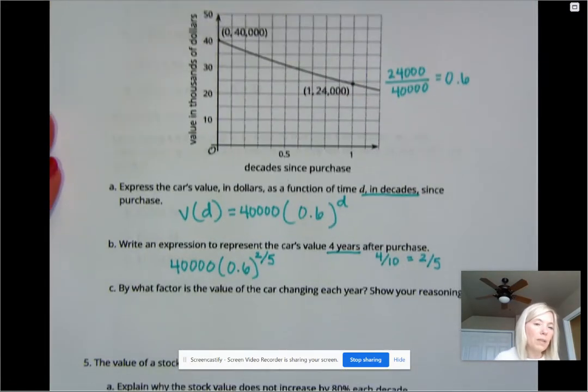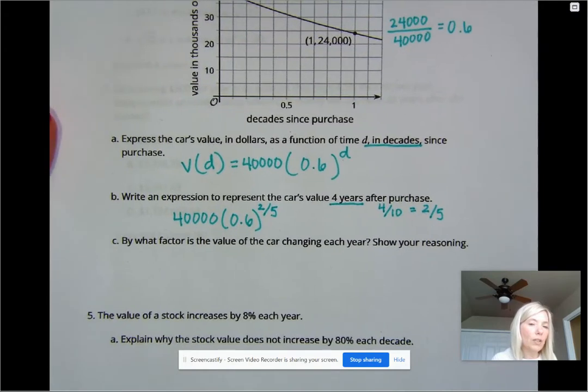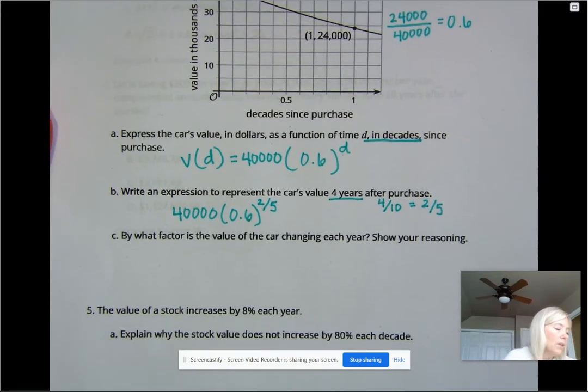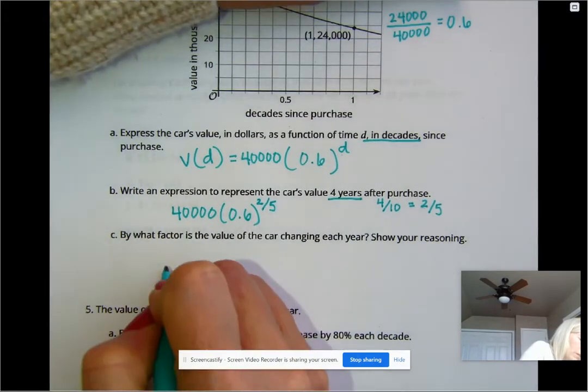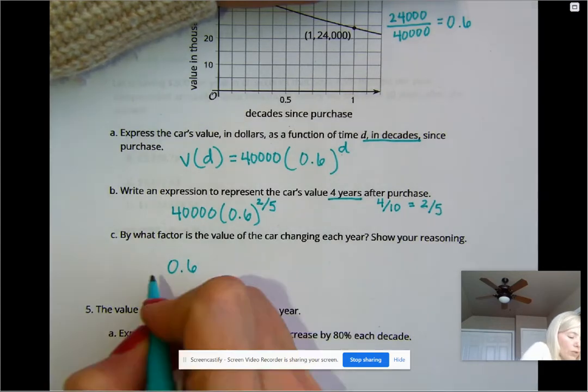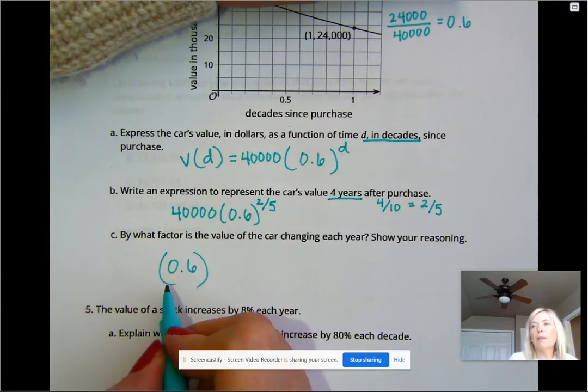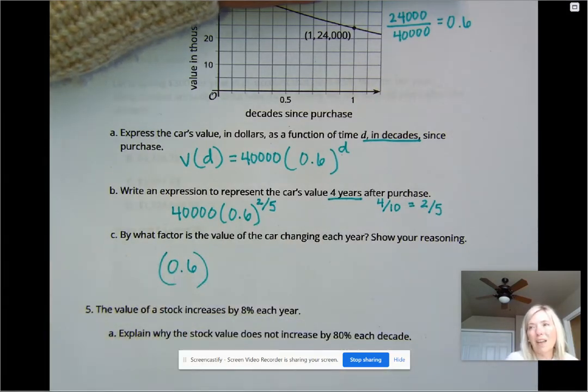And then for part C, by what factor is the value of the car changing each year? Show your reasoning. So in 1 year, this factor is equal to 0.6 to the 1/10, because again, 1/10 is how you would represent 1 year as part of a decade.